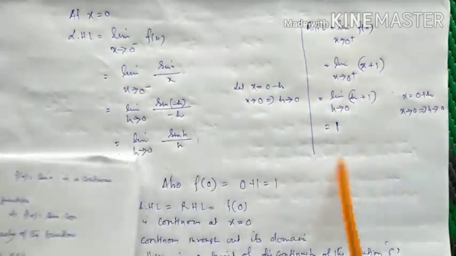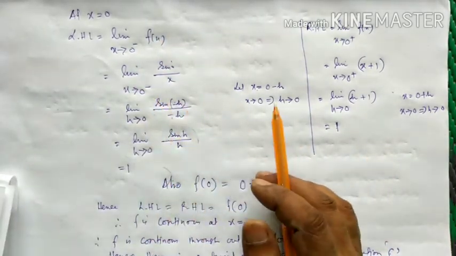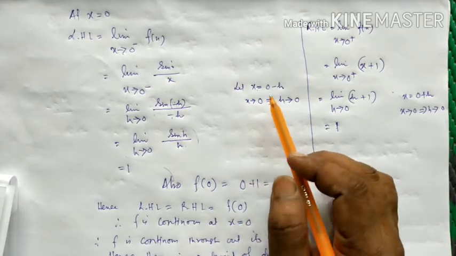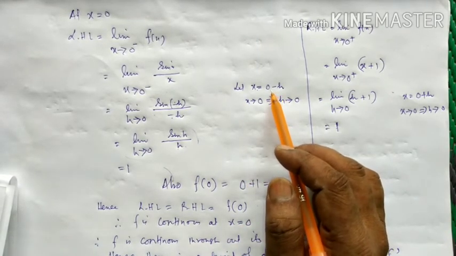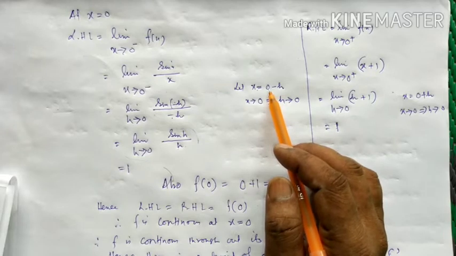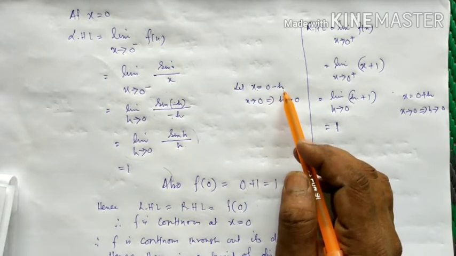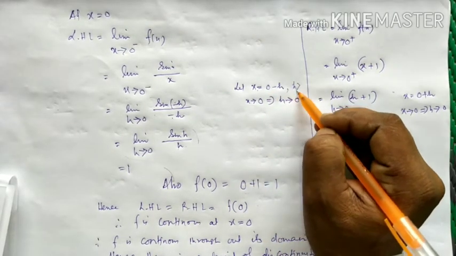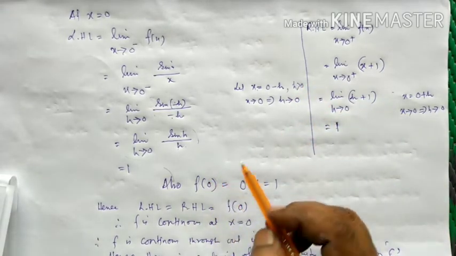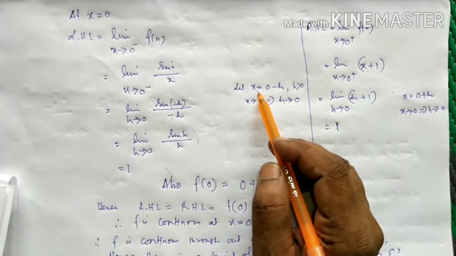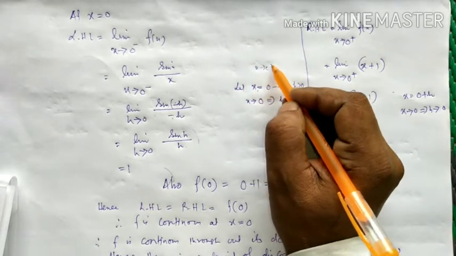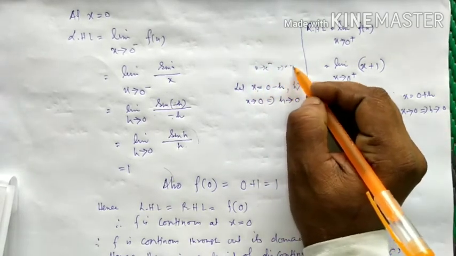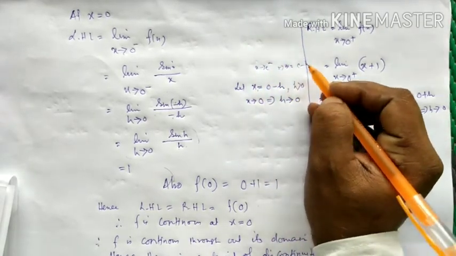Now when x is less than 0, x can be taken as a number obtained by subtracting a small quantity from 0. What is h? h is a small quantity, h greater than 0. So remember, x tends to c minus means x can be taken as c minus h.